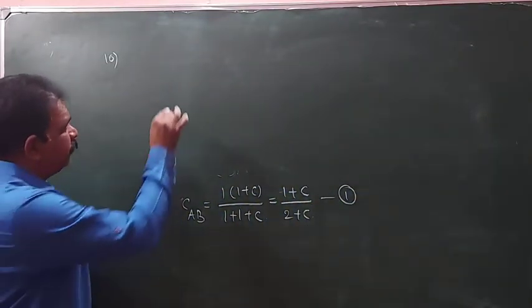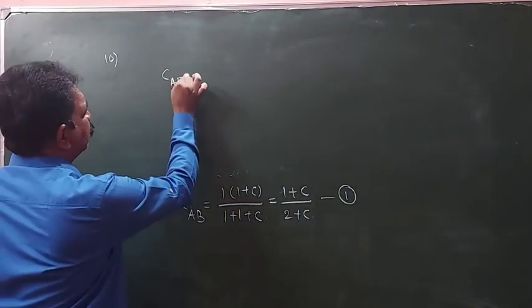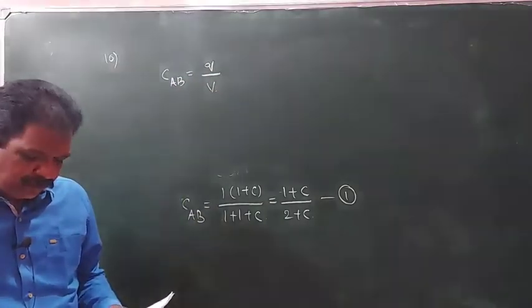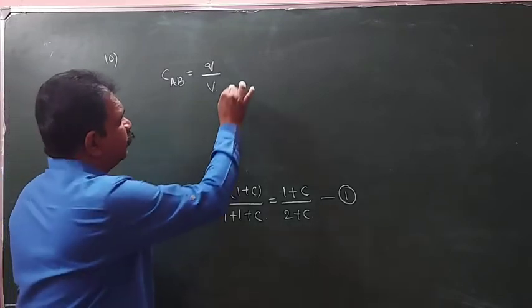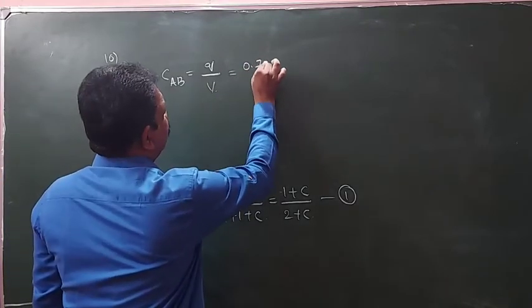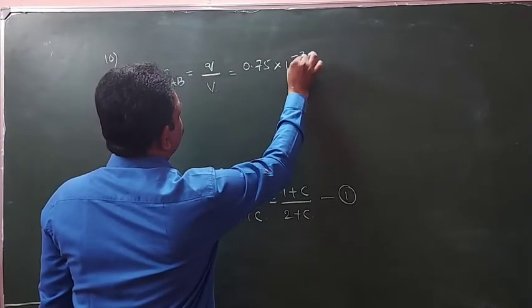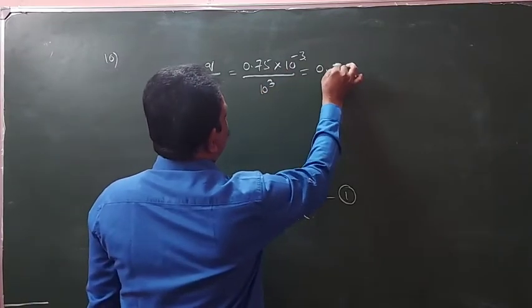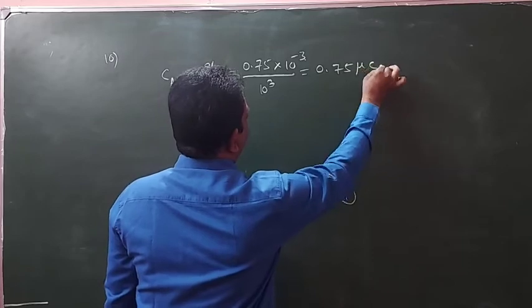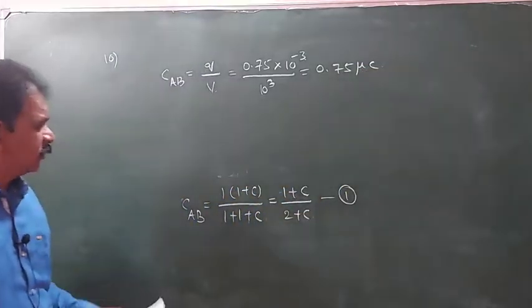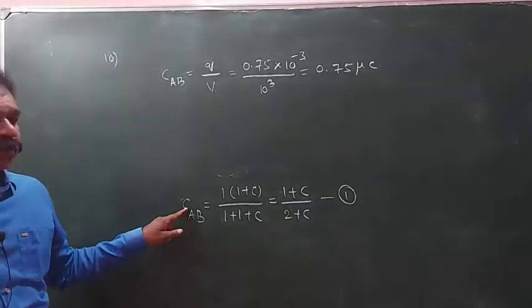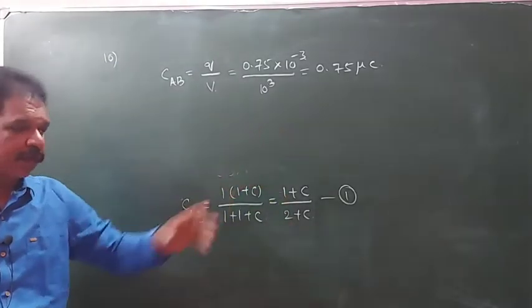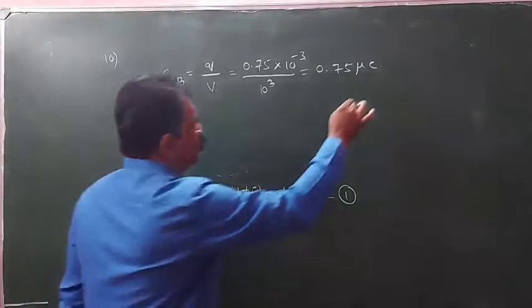Then CAB is equal to Q by V. Q value how much? 0.75 millicoulombs. V value 10 cube, so 0.75 microcoulombs. We'll write it as just 0.75 because already this is 1 microcoulomb. That's why. So let it be 2.